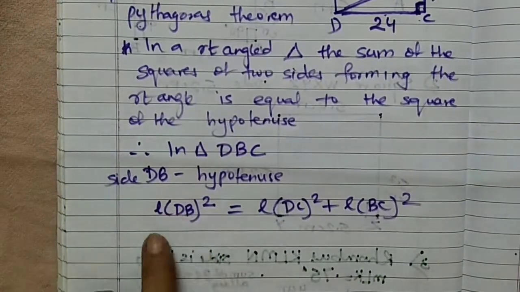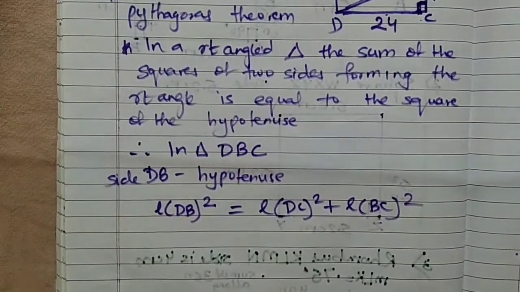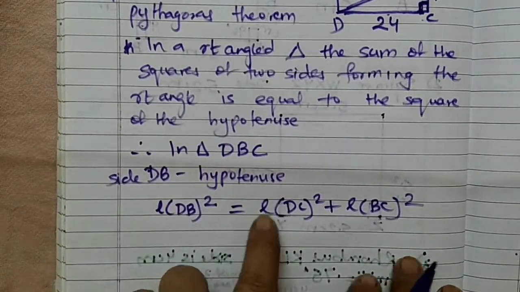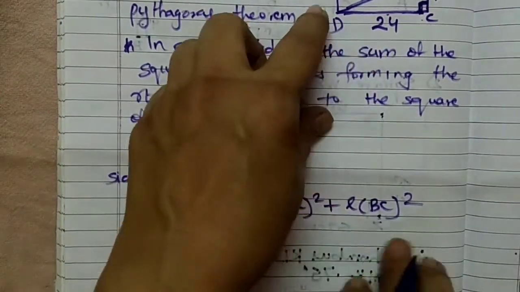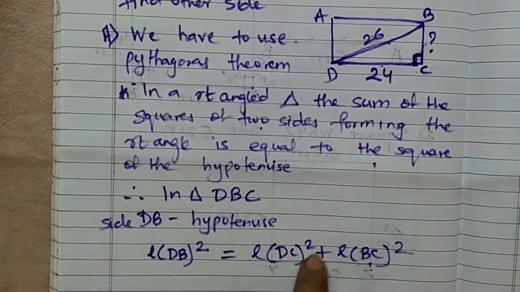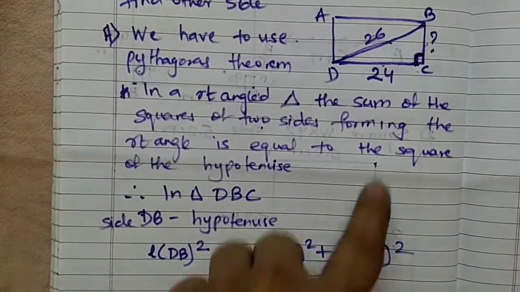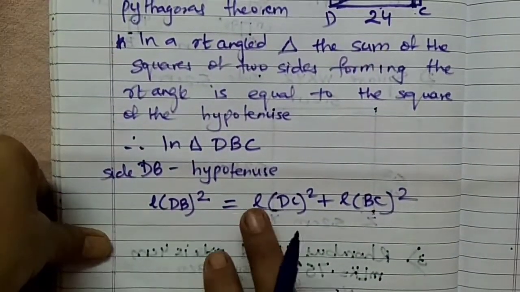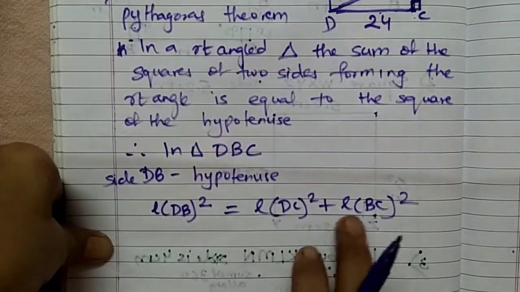Remember this. This is the formula for the Pythagoras theorem. Hypotenuse square is equal to side 1 square plus side 2 square. Always remember this formula.